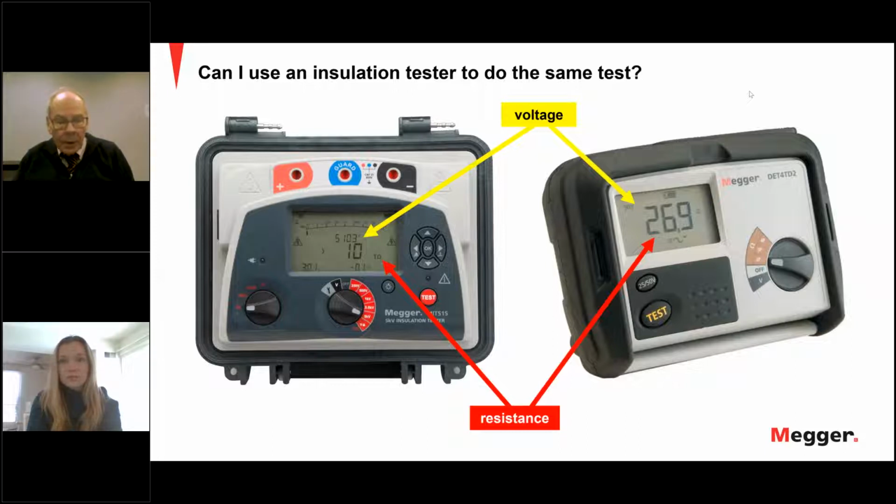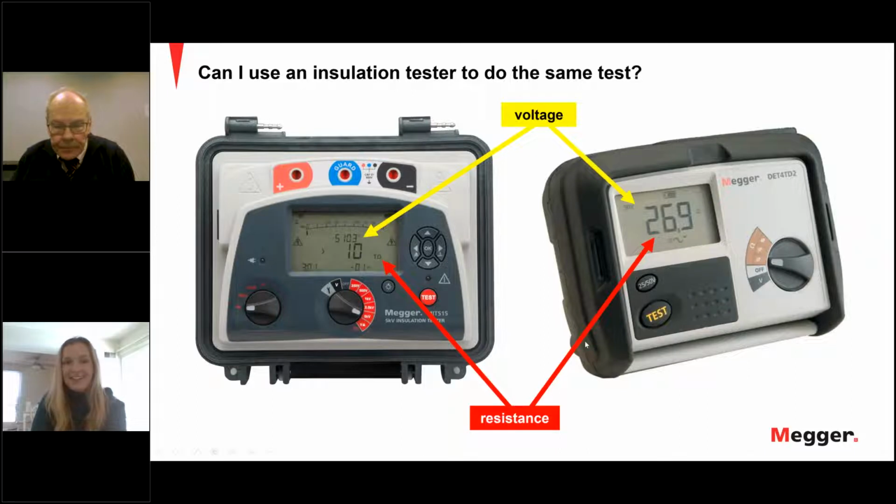Obviously, you want it up in the megohm range at least. And so you have a tester that puts out a lot of voltage, sees very little current, and gives you a very high resistance reading, whereas your ground tester is on the other end of the scale. And so, no, they are not interchangeable. And if unfortunately you did get to a job with an insulation tester, you have no alternative but to go back and get a different piece of equipment.